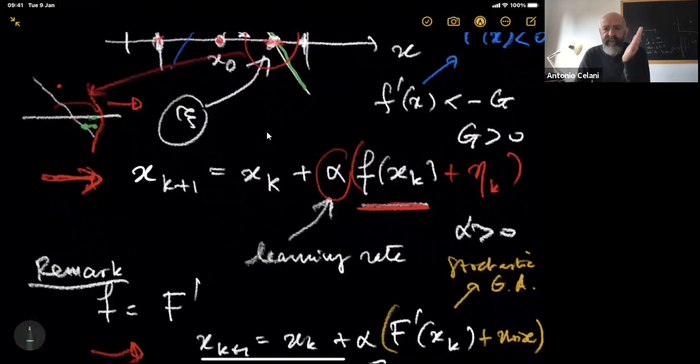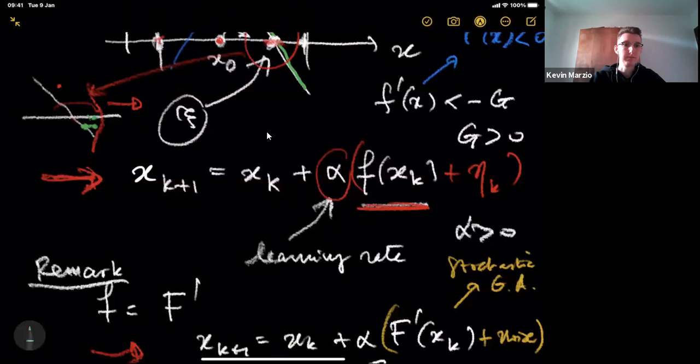This is very good from the viewpoint of killing the variance, but it's very bad from the viewpoint of killing the bias, that is, moving towards 0. On the contrary, if your alpha is large, this is very good if you want to move away from 0, but the variance is not killed as effectively. So you have to find the right balance. Is that any clearer now? Yes, thanks. Sure, no problem.